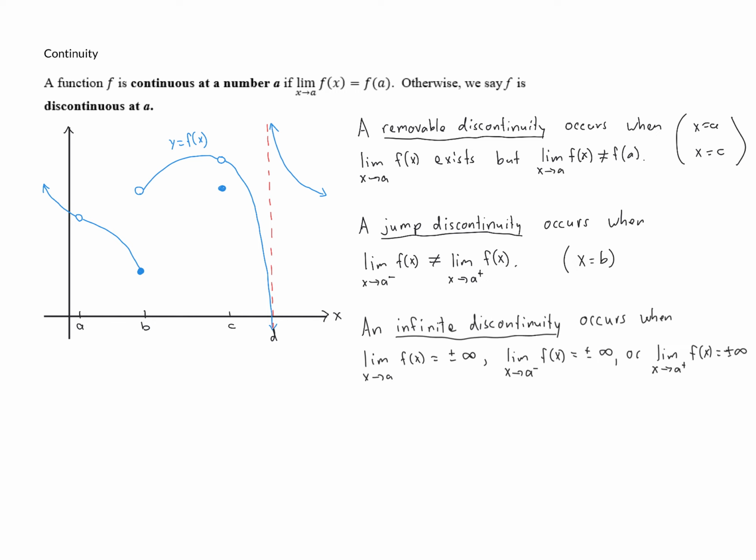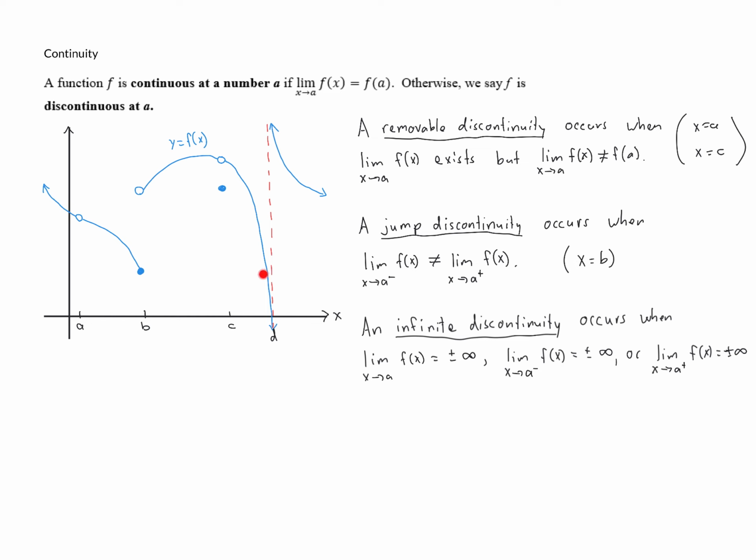And an infinite discontinuity occurs when any of the following are true. Either the limit as x approaches a of f of x is positive infinity or negative infinity, or just the left-handed limit is positive infinity or negative infinity, or the right-handed limit is positive infinity or negative infinity.